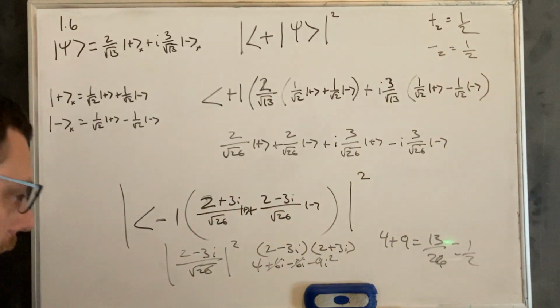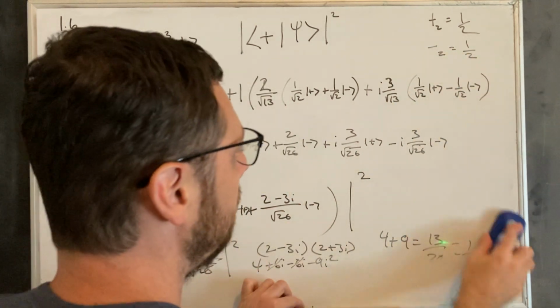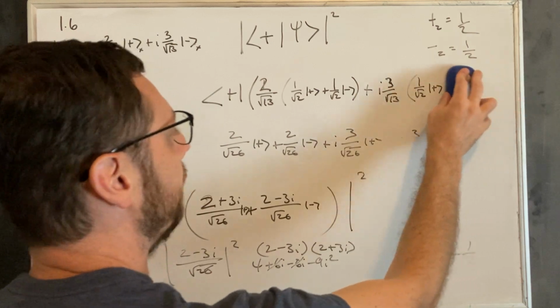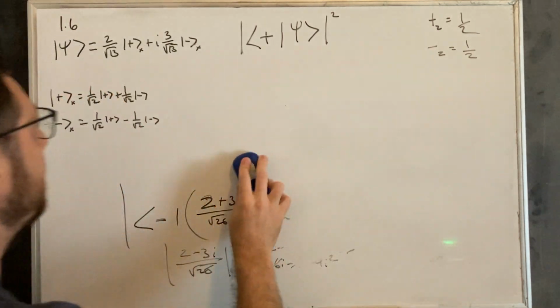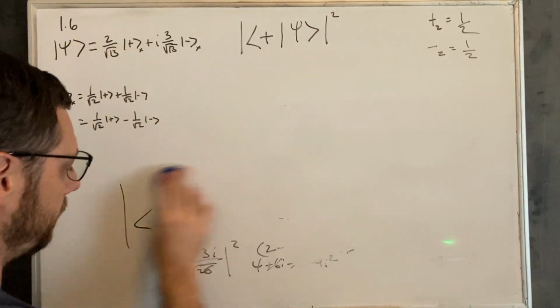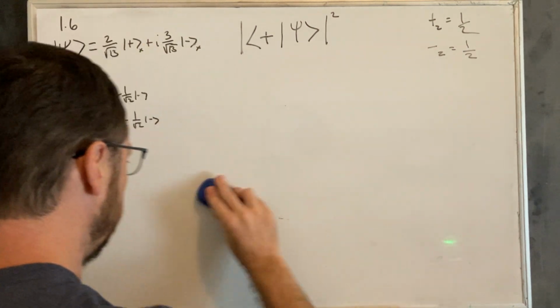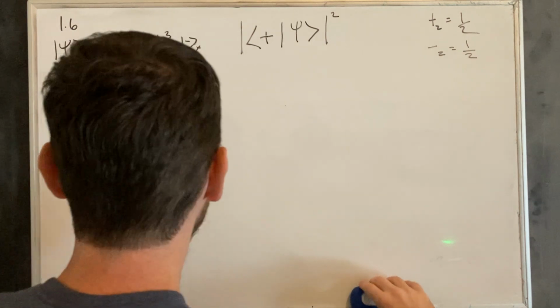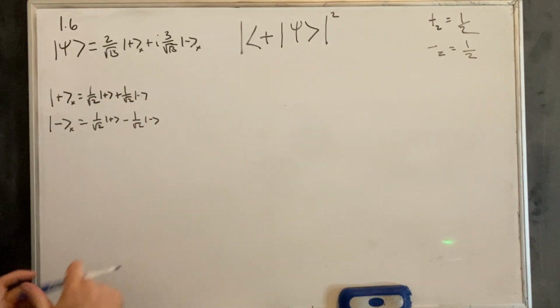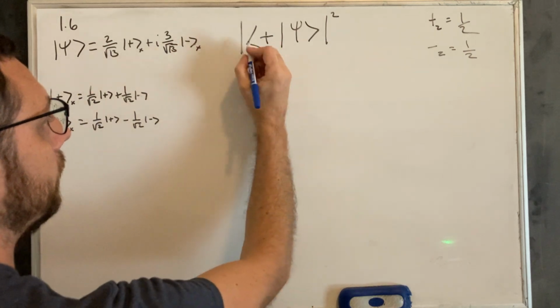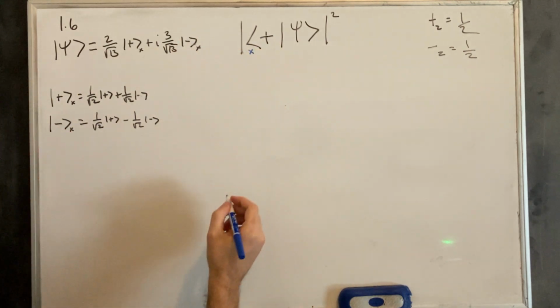Okay, so that was the hard part. Now, the only thing we have left is the x direction. But because we already have this in the x basis, that's going to be really easy. I mean, you can just look at it and already know the answer, but we'll write it out anyways. So this is going to be up in the x direction.